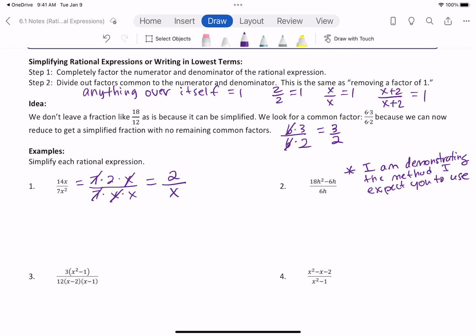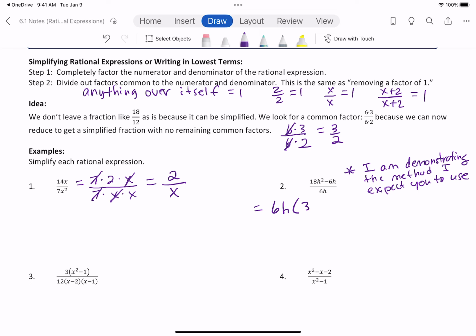So for this problem, I have 18h squared minus 6h over 6h. So remember, step 1 said completely factor numerator and denominator. So in the numerator, I have a GCF of 6h. So I'm going to factor that out.